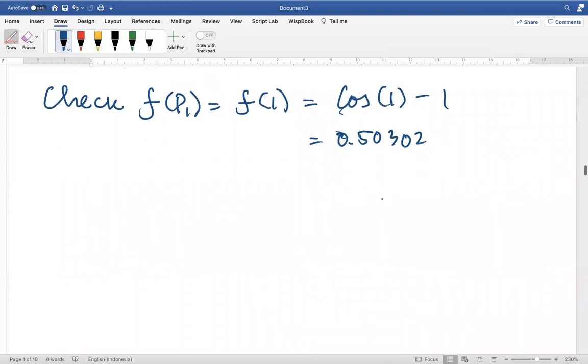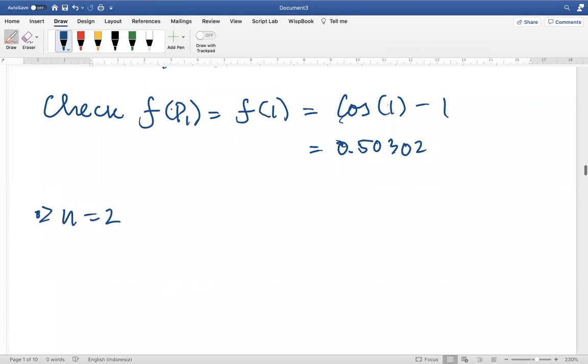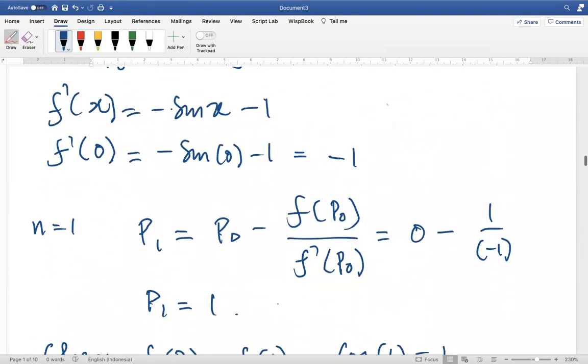And then you continue to the second iteration, n equal to 2, yeah.